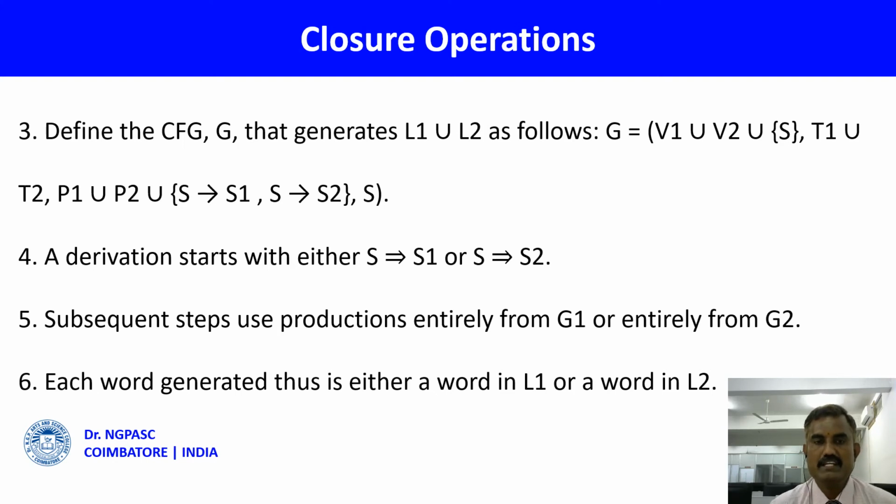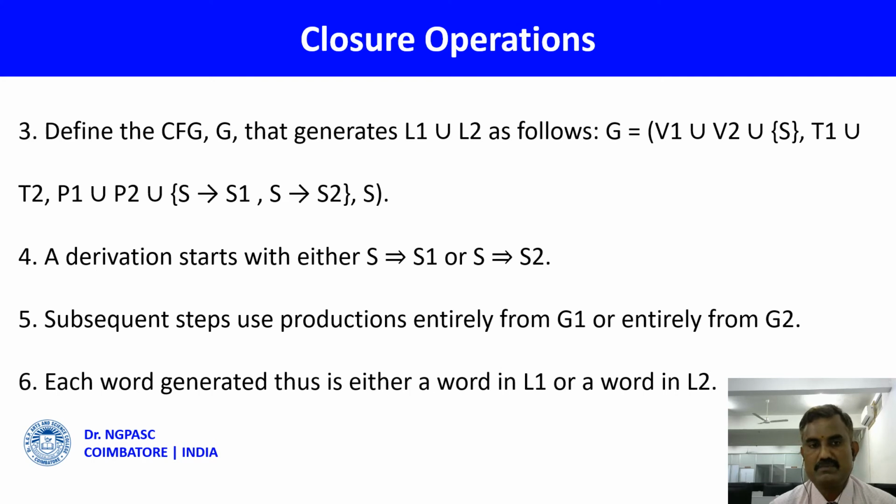Any derivation using these production rules is of the form where S is derived by either S1 or S2. Suppose we need an L1 word, we can use the first production rule, S tends to S1. Suppose we need an L2 word, we can use the second production rule, S tends to S2.